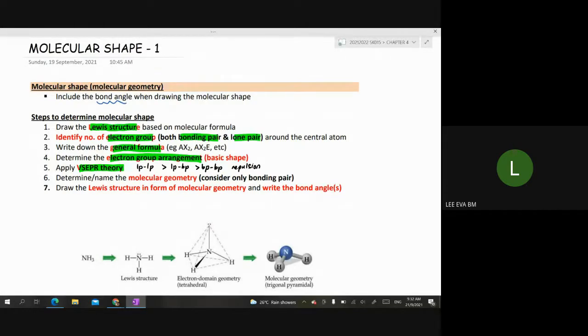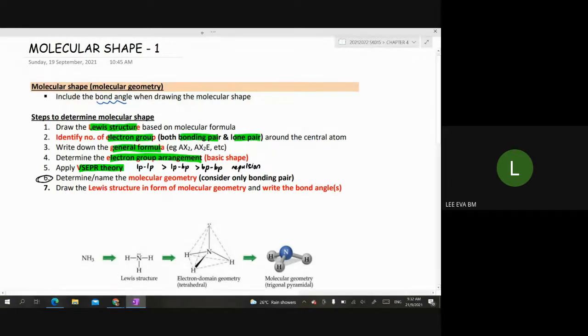So we have to look at the Lewis structure. Number 6, then only we determine the molecular geometry. So dia bukan terus pergi kepada molecular shape. Dia mesti going through these few steps before you find out the shape of the molecule.